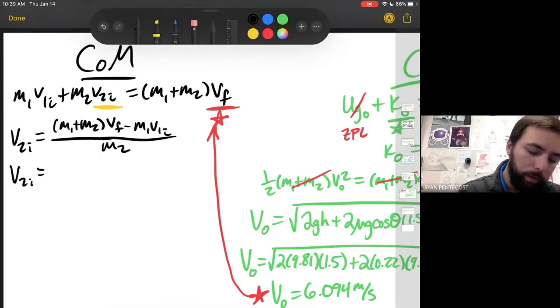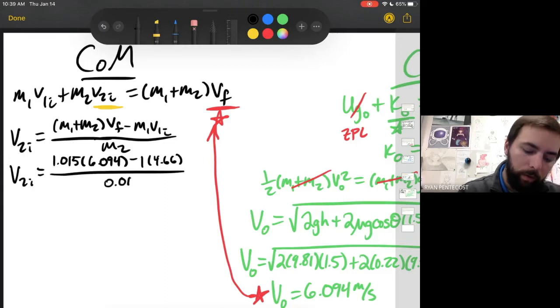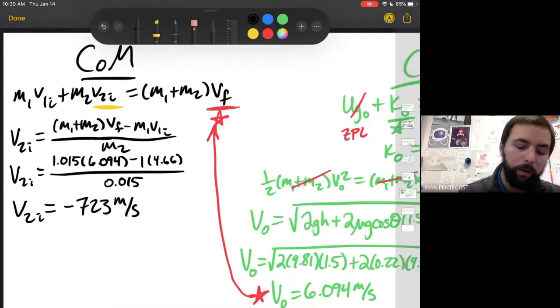So all of these numbers, you've got, let's see, it's 1.015 times 6.094 minus 1 times 4.66, that's right, divided by 0.015. So the speed of the bullet here is negative 723 meters per second.